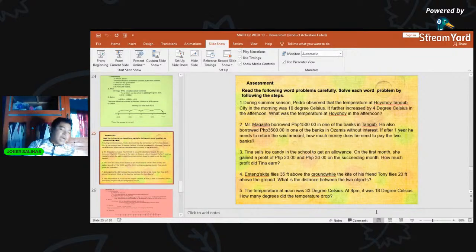You may use a calculator if you want, for you to easily write your answer. 10 seconds remaining. 5.